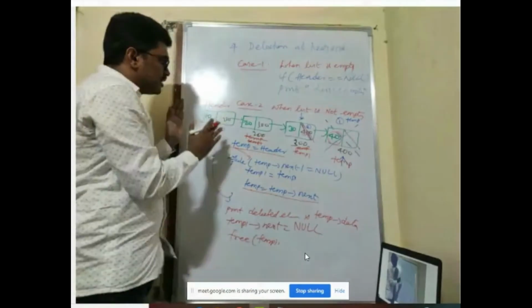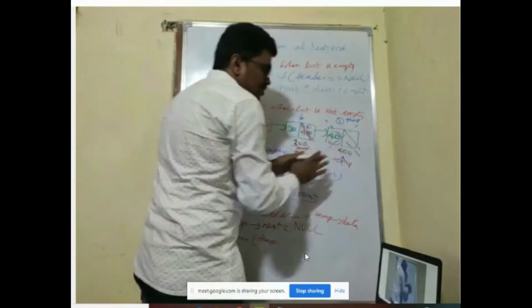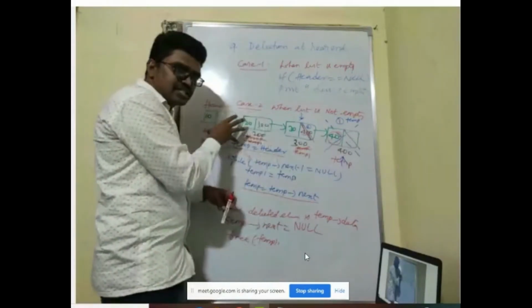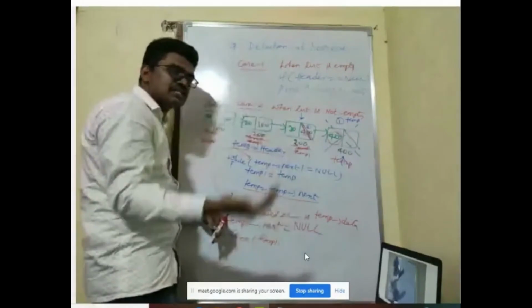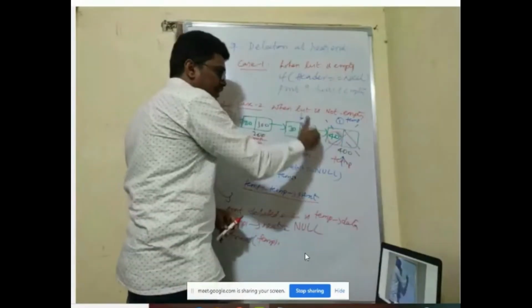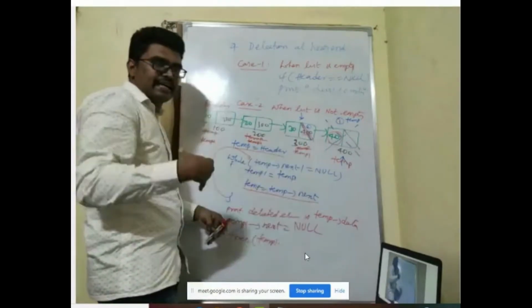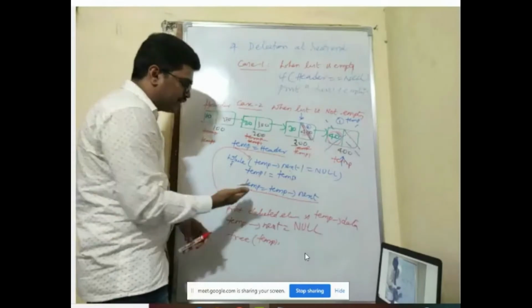So now I should not move header. So I take a temporary pointer and go on moving. So what is the main problem with deletion at the rear end is, when I reach the last node, I need the address of the last but one node. So when I have the last but one node address only, I can make its next null. So in order to get that, we use one more temporary pointer, temp1.